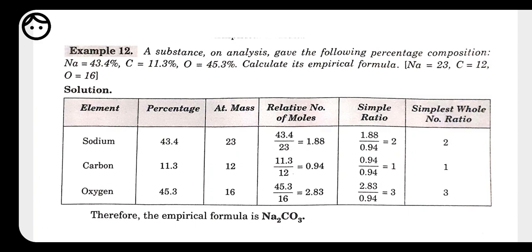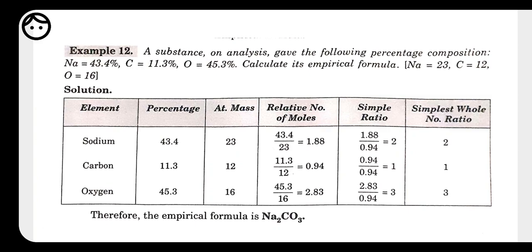For carbon we divide 11.3 by 12, and we get 0.94 moles. For oxygen we divide 45.3 by 16, and we get 2.83 moles. So this way we get the number of moles.